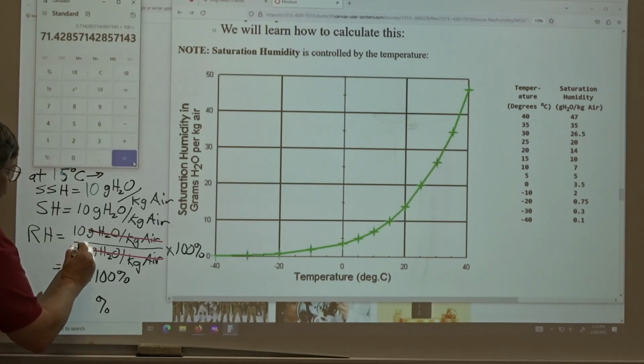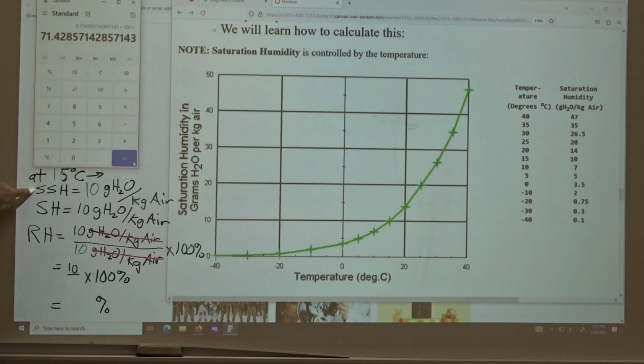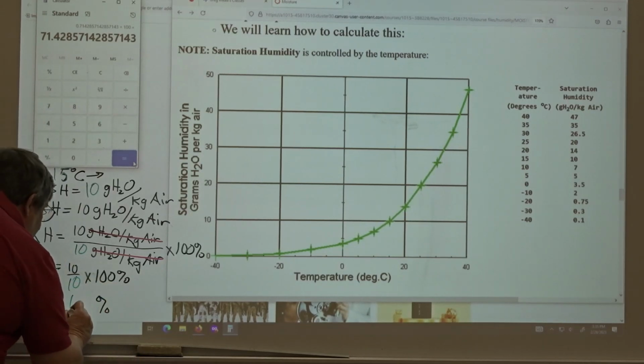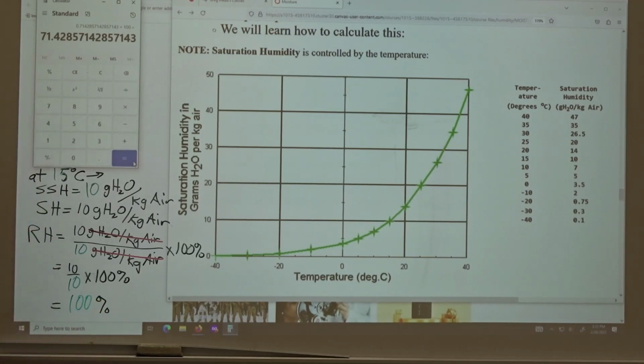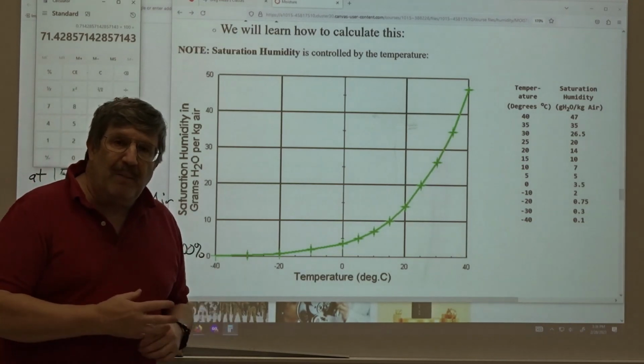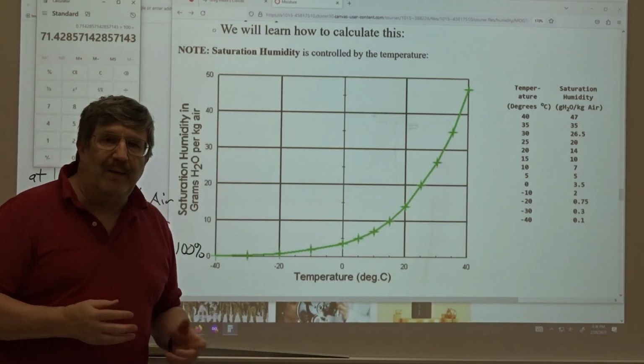We now have 10 grams of water per kilogram of air for the saturation specific humidity. And 10 over 10, obviously, is 1 times 100. Our relative humidity is increased to 100%. We cannot have a relative humidity greater than 100%. The saturation specific humidity is, by definition, the maximum amount of water you can have evaporated into the atmosphere.